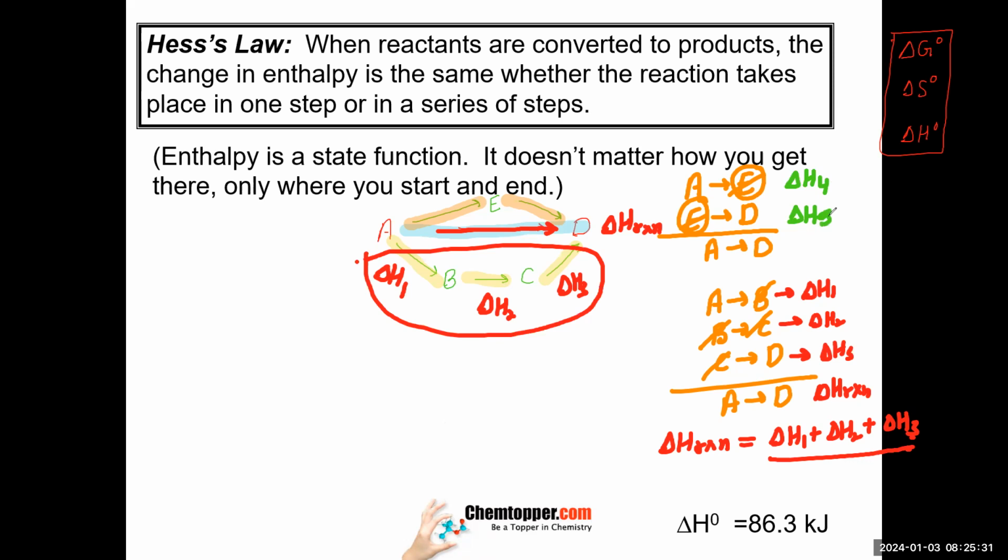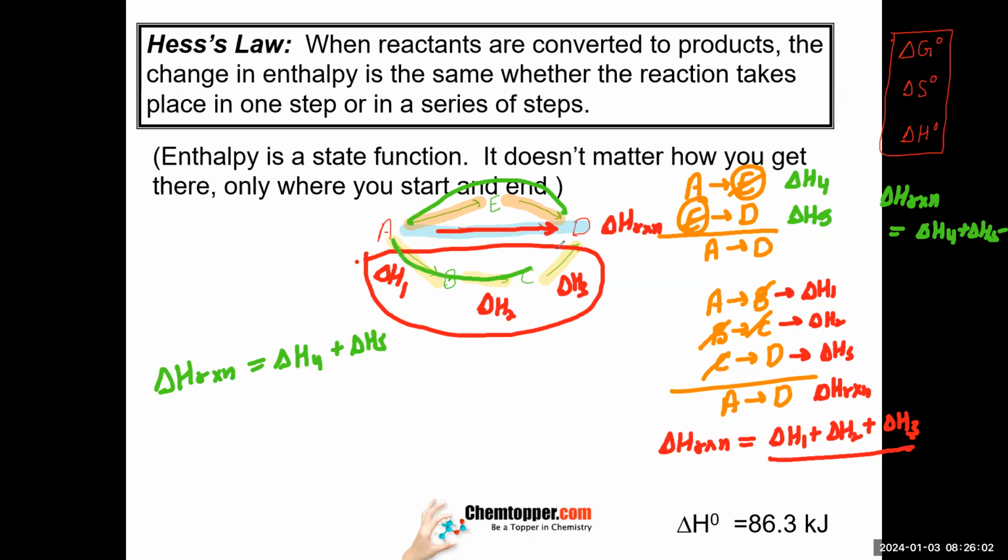Delta H4, delta H5. So what is delta H reaction? That is delta H4 plus delta H5, right? Now, according to Hess's law, delta H reaction, when I followed this particular path, this one is delta H4 plus delta H5.